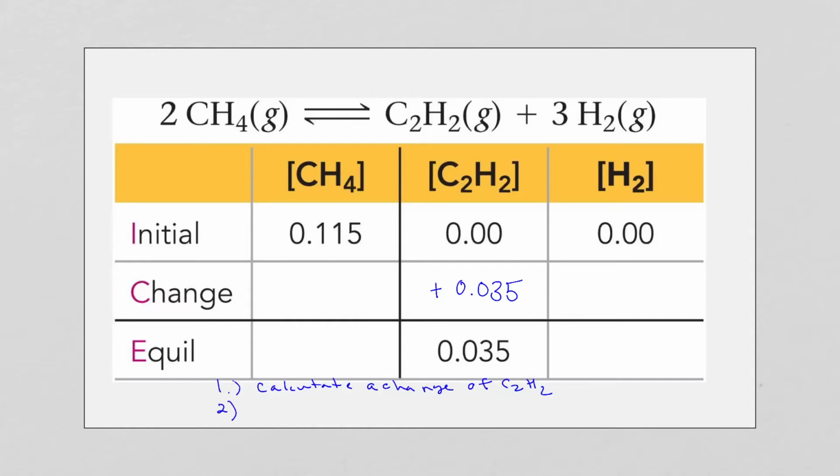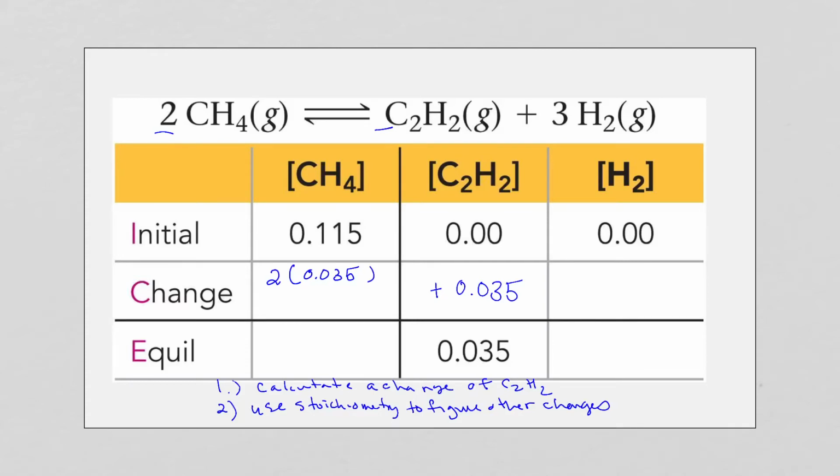Then we're going to use stoichiometry to figure out other changes. So in this case, there is a 1 to 2 relationship between the C2H2 and the CH4. So this change is going to be 2 times 0.035.